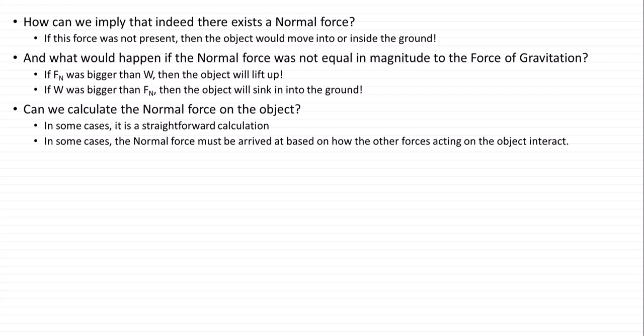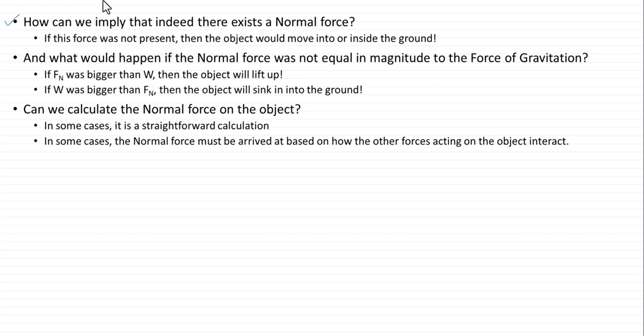And finally, here are a few questions that came into my mind that students or learners may have when they study the topic of normal force. First question, how can we imply that indeed there exists a normal force? What's the reasoning? What would have happened if this normal force was not present?